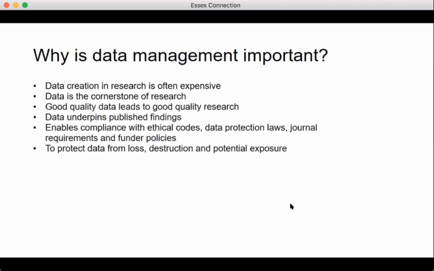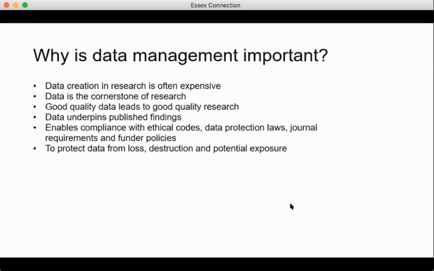So why is it so important that we manage research data well? To begin with, data creation in research is often expensive, and this is not just in terms of money, but also time invested in creating and documenting novel data. And of course that data itself is the cornerstone of research, and the hope is that good quality data will lead to very good quality research.